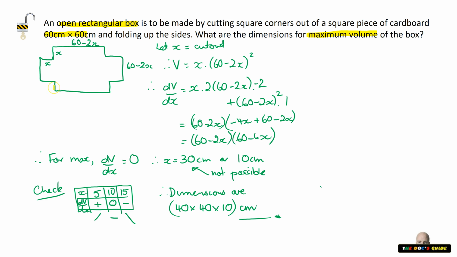Nearly always, if we can put a diagram in, and you'll be well and truly sick of me saying that, it will help. So if we cut a corner out of the box of side x, that will leave the dimensions of the box when folded up to be 60 minus 2x by 60 minus 2x.